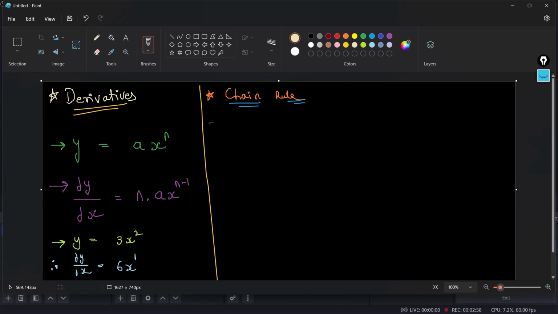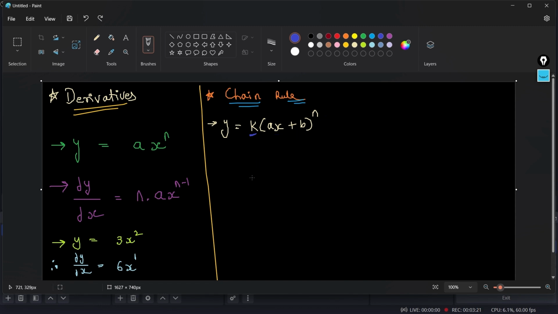So let's say now you are having this equation y is equal to, instead of having just ax to the power of n, you are having ax plus b to the power of n. And let's say it's also multiplied with some kind of a constant over here, k. So now over here, this k and n are the constants. This is some different function ax plus b that you can think of.